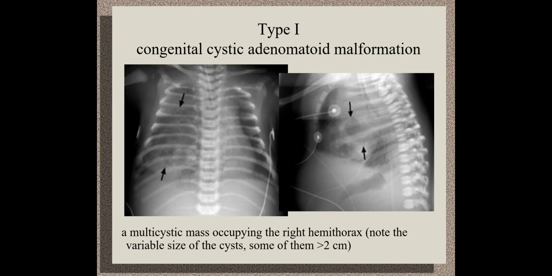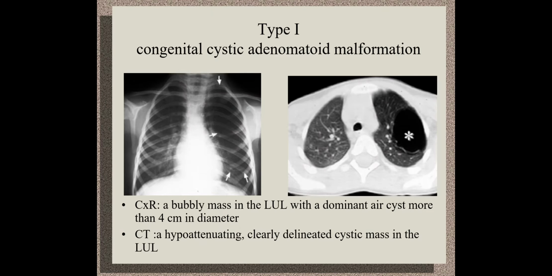Another patient with type 1 showing a bubbly mass in the left upper lobe with a dominant air cyst more than 4 cm in diameter.